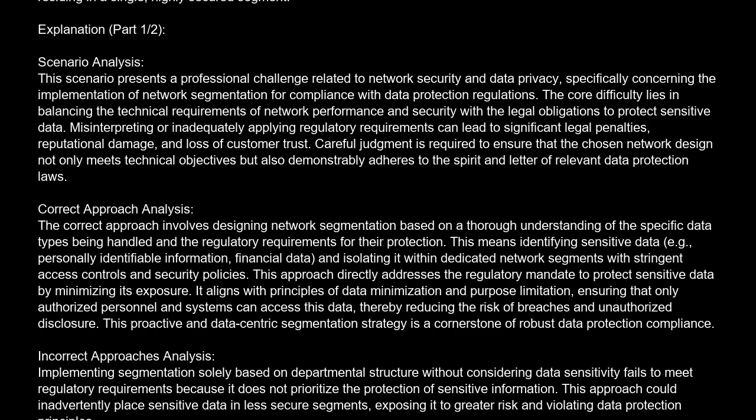This approach directly addresses the regulatory mandate to protect sensitive data by minimizing its exposure. It aligns with principles of data minimization and purpose limitation, ensuring that only authorized personnel and systems can access this data, thereby reducing the risk of breaches and unauthorized disclosure. This proactive and data-centric segmentation strategy is a cornerstone of robust data protection compliance.